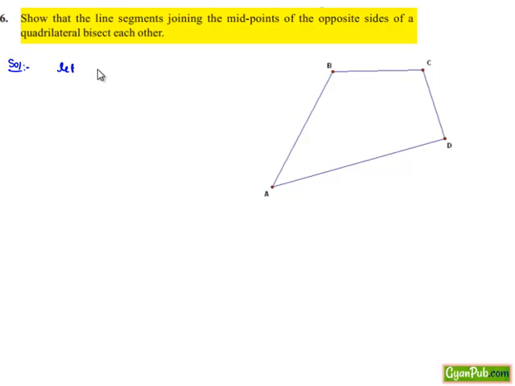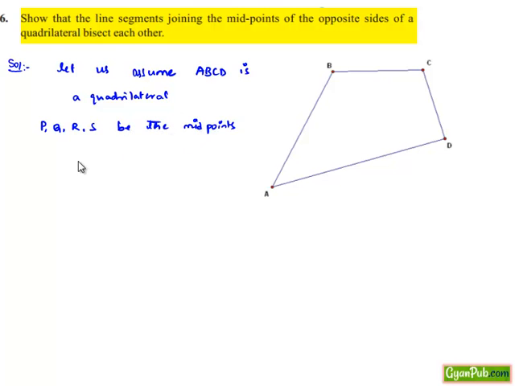Let us assume a quadrilateral ABCD in which P, Q, R, S be the midpoints of sides AB, BC, CD and DA respectively.